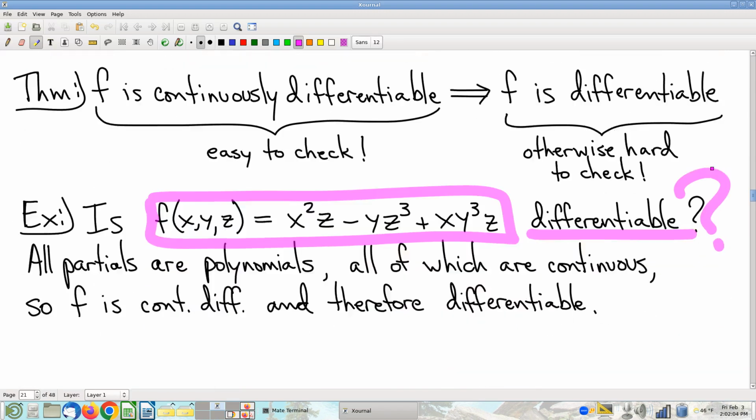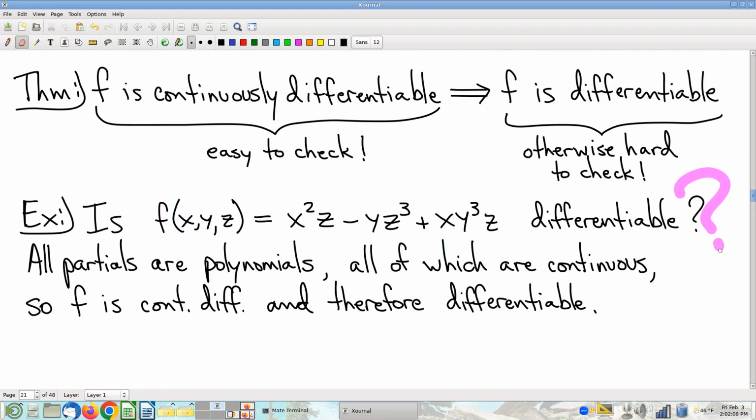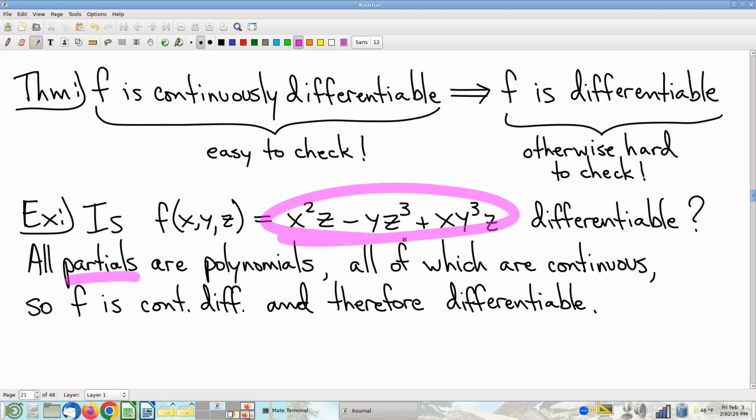The clever, much more convenient way to do this is to cite the above theorem and say, look, you've asked about differentiability. I'm going to take it a step further and ask the stronger question, is this continuously differentiable? And, well, we take the partials. In fact, you don't even have to compute the partials. At a glance, I can see these are polynomials.